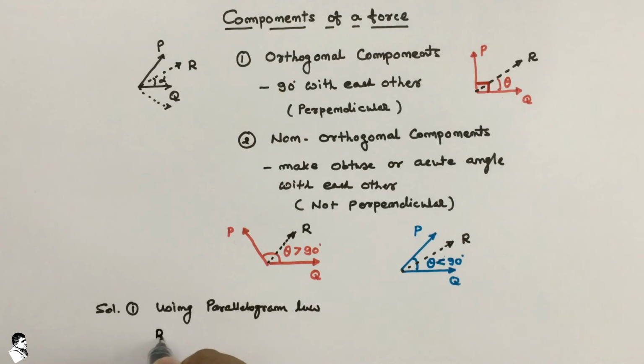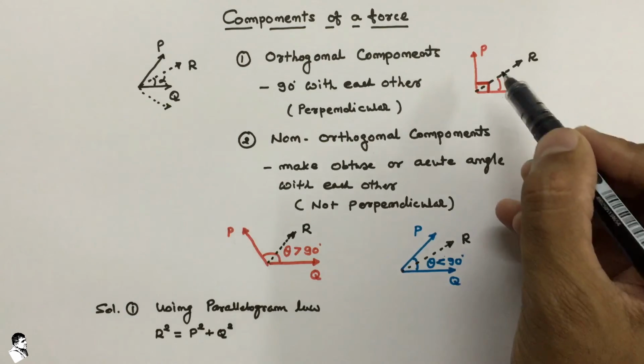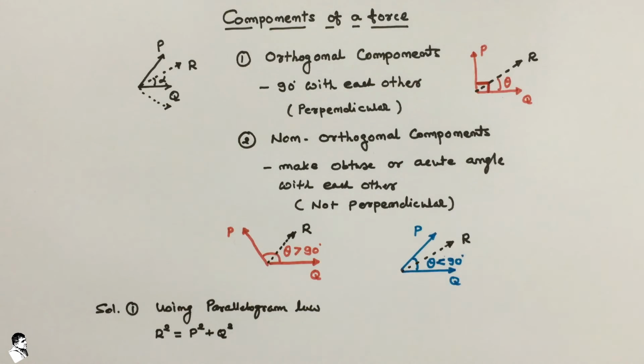We have a simple equation, R square is equal to P square plus Q square, because both the forces are perpendicular, so the third term, the cos term, would be 0, because cos 90 degree is equal to 0.